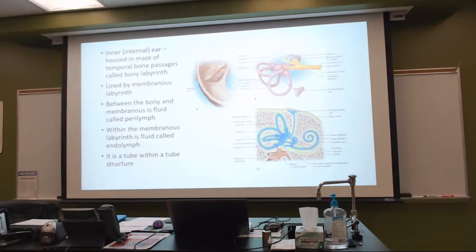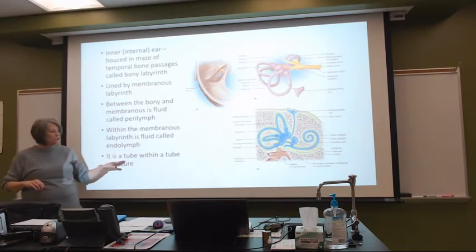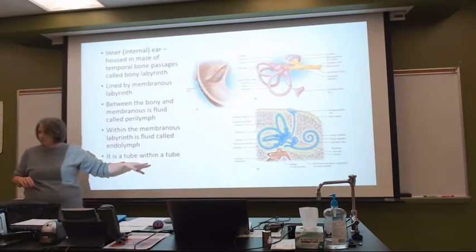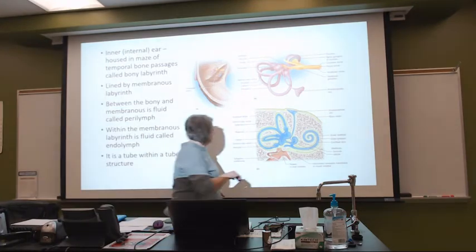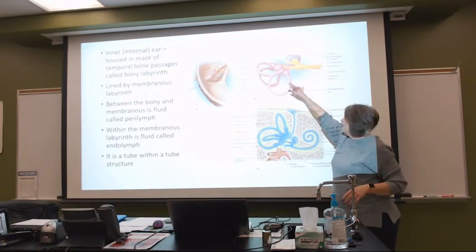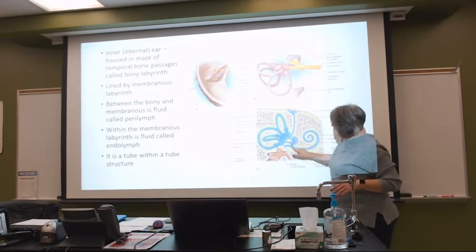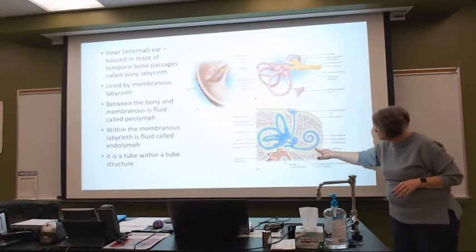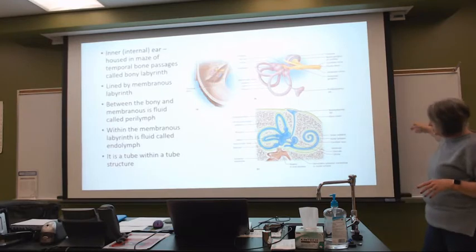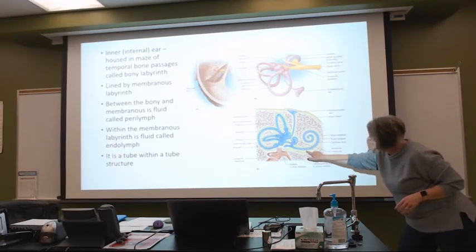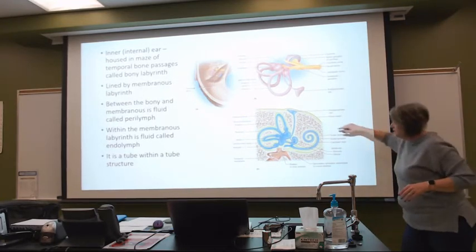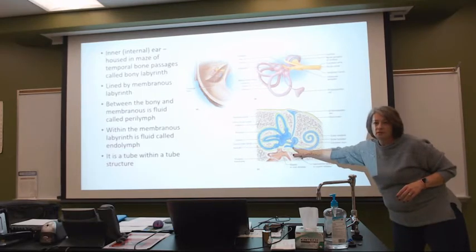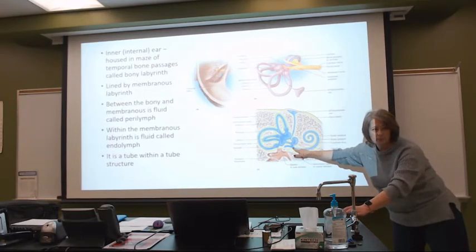We're looking at pretty much a tube within a tube, because of the way that we are going to get a separation for the fluids. So like if we were to take this cochlea and stretch it out, peri is to the outer portion, endo to the inner. Is everybody following me?